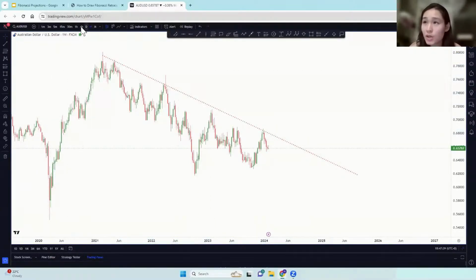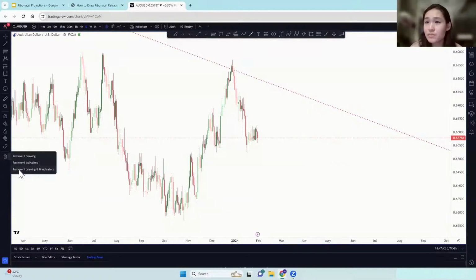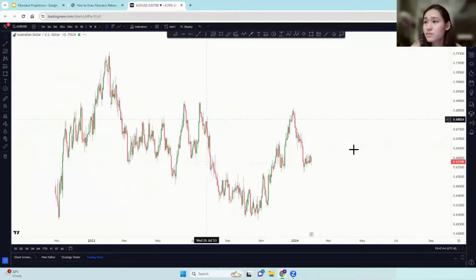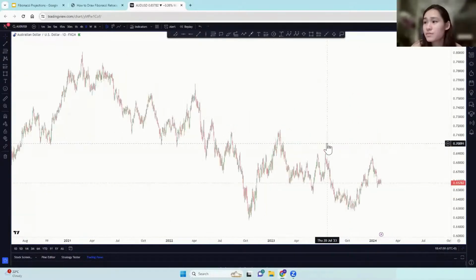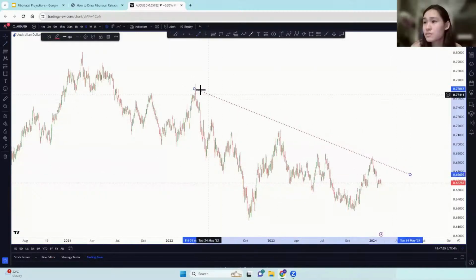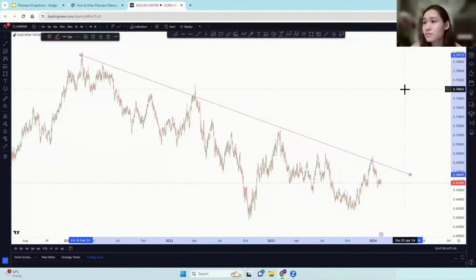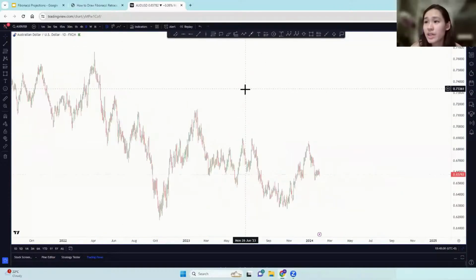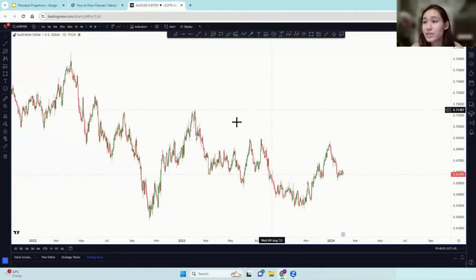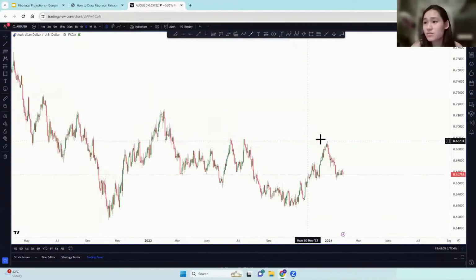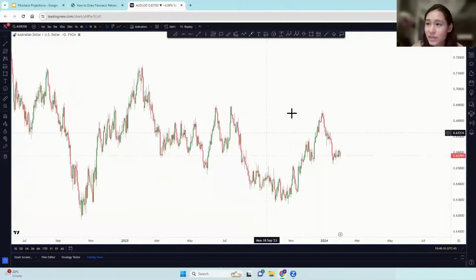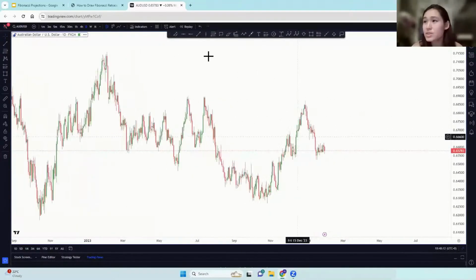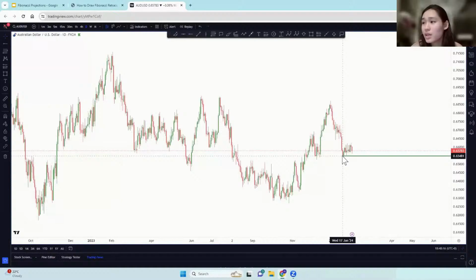Okay, on a daily time frame, there isn't really any trend channels or trend lines, but I wouldn't say it's a downtrend either. It's kind of ranging. Okay, so let's just go ahead and add some levels.